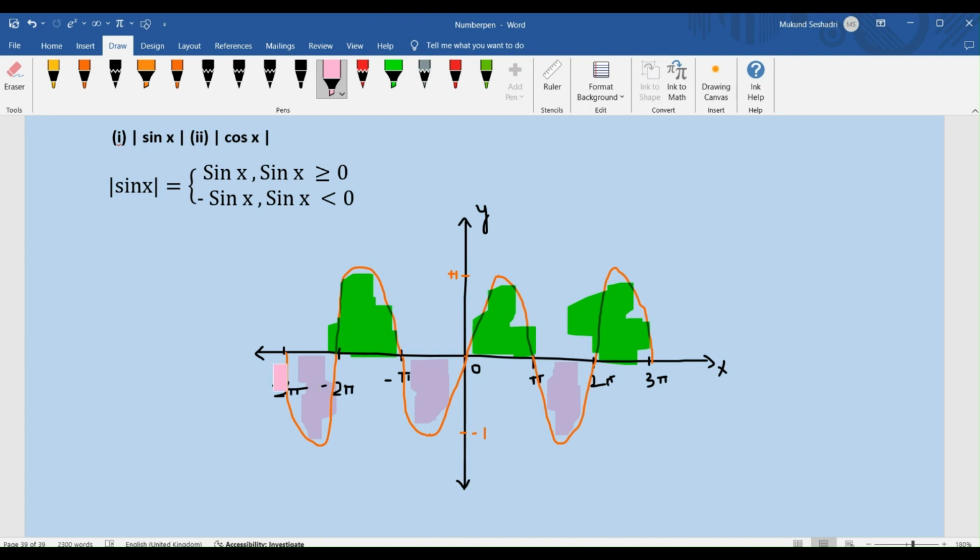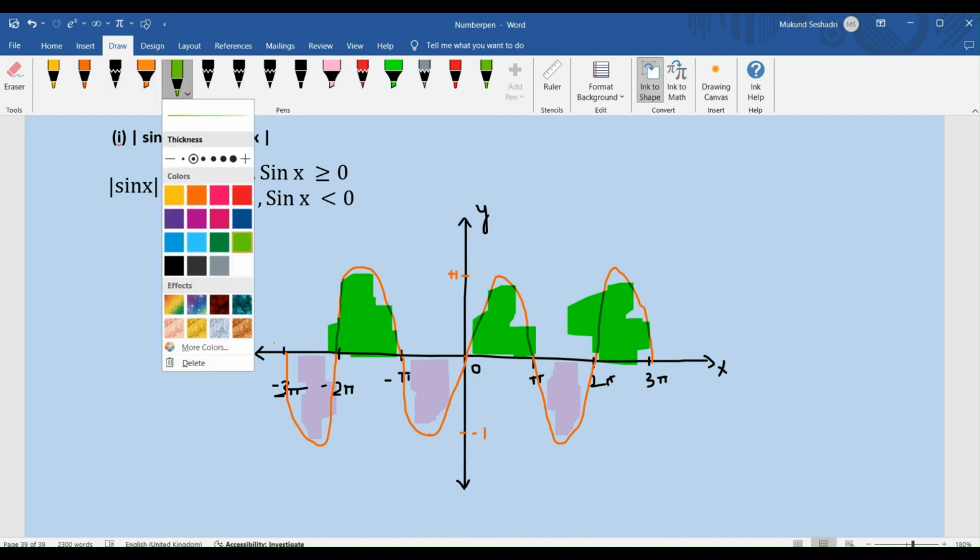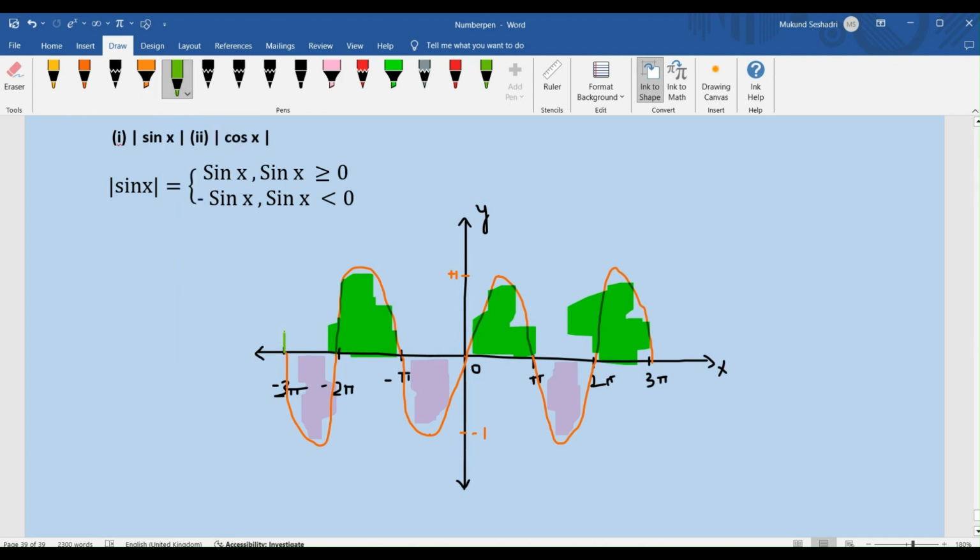So the mod sin x for these regions, minus 2 pi to minus 3 pi, or 0 to minus pi, or pi to 2 pi, etc., does not change in shape, but it just switches its direction, right? So if I take my green pen, maybe this region becomes something like this.